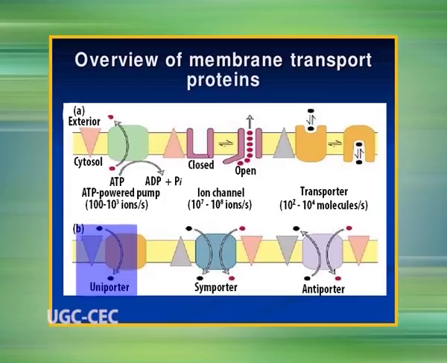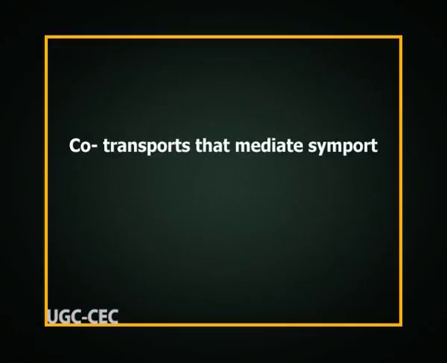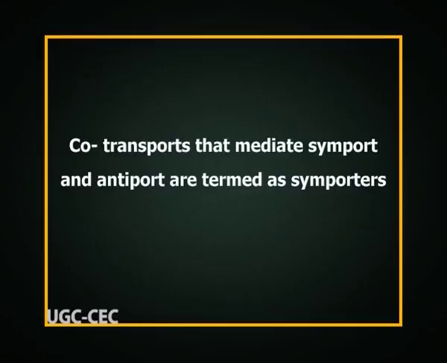Uniporters transport a single solute from one side of the membrane to the other, while co-transporters mediate coupled transport and involve either the simultaneous transfer of a second solute in the same direction, that is symport, or the transfer of a second solute in the opposite direction, that is antiport. Co-transporters that mediate symport and antiport are termed symporters and antiporters respectively.